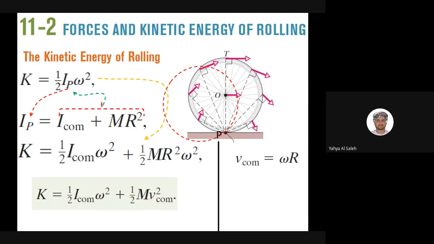So our total kinetic energy would be the kinetic energy of rotation plus the kinetic energy of movement, translation. So literally, remember how in the previous lecture we were saying, okay, this is a rotation alone, this is translation alone.